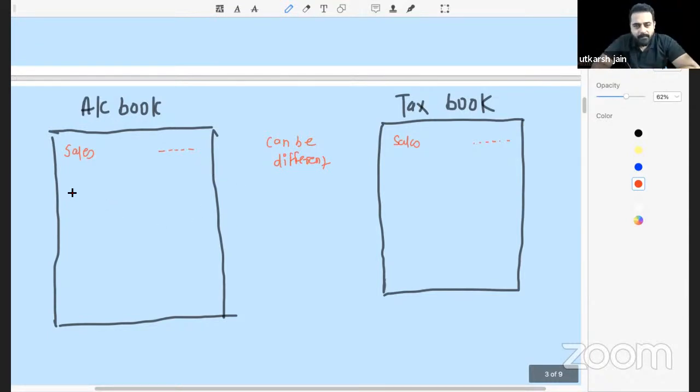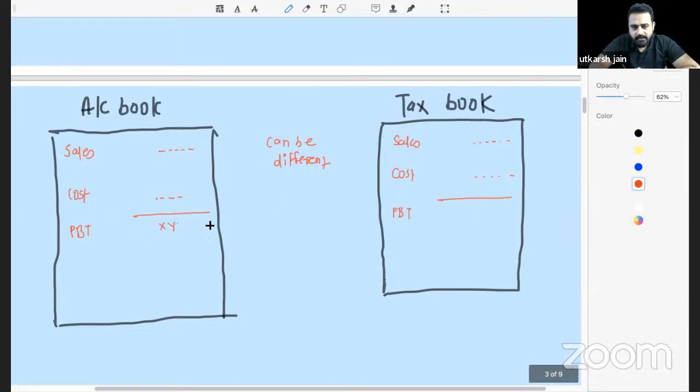In the same way, all the cost that I record here and all the cost that I record in the taxation book could be different. So cost is different, sales is different. Is it fair to say that the profit before tax that I have in this book, the taxable profit, and the profit before tax in this book is also going to be different?